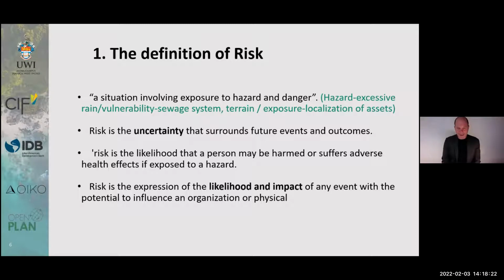So risk basically is an uncertainty surrounding these events, and the more information we have, the better we can define it and the better the precision of the model. So the definition of risk would be that likelihood. We can translate all these variables into a percentage, a number.